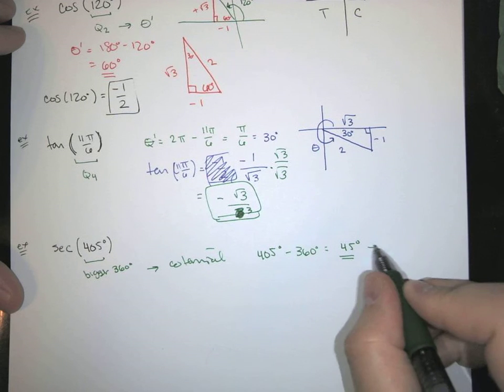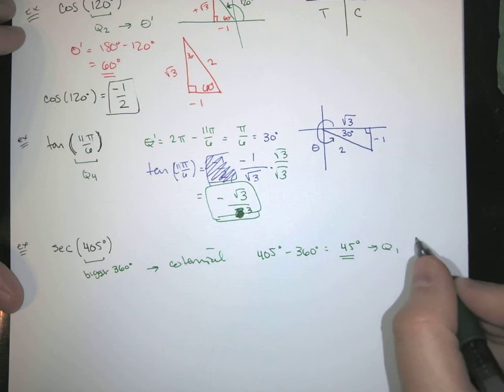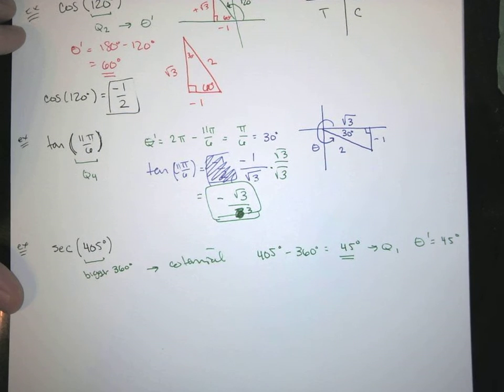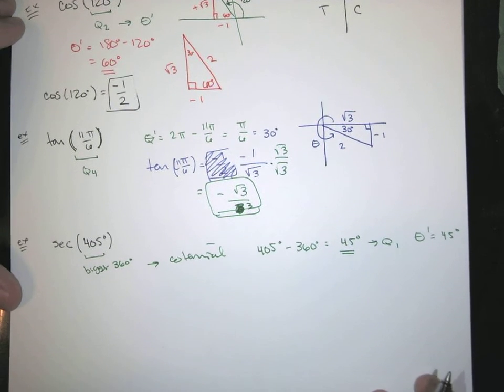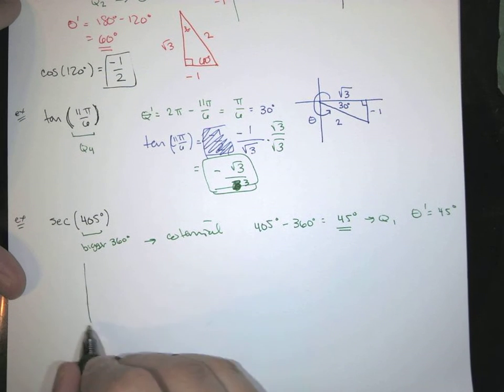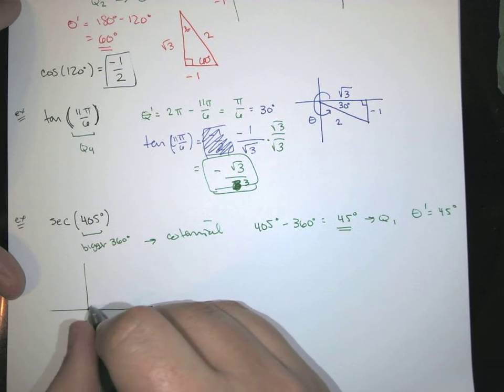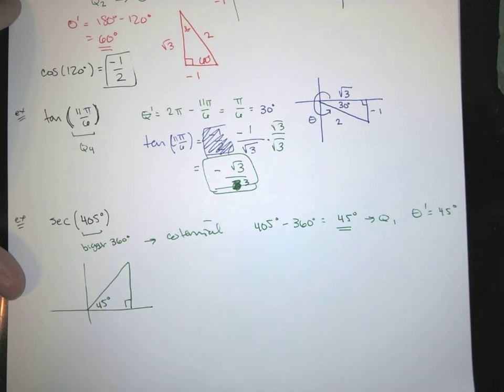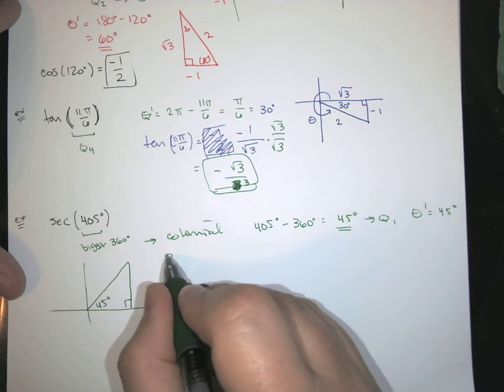That's quadrant 1, so that means our reference angle is just going to be that angle. The reference angle here is just going to be 45 in the first quadrant. If I do a little sketch, 45 comes straight out. So 45 is here. Quadrant 1, so everything here is positive.